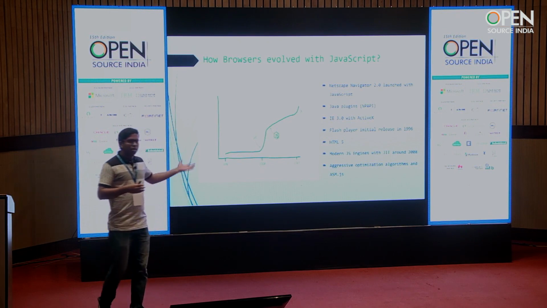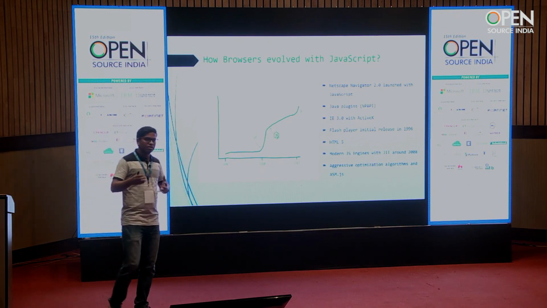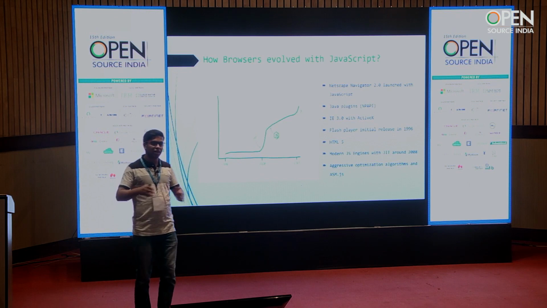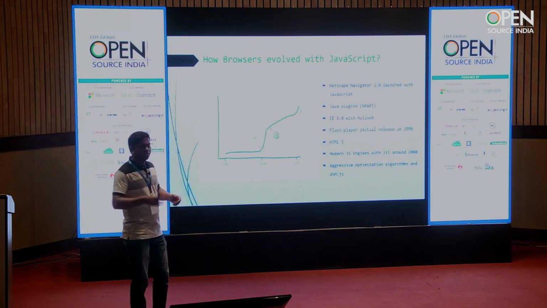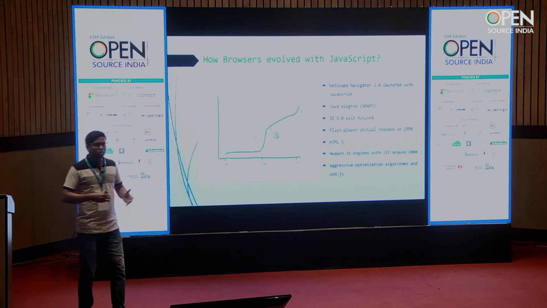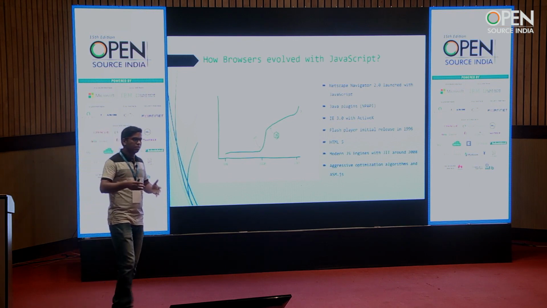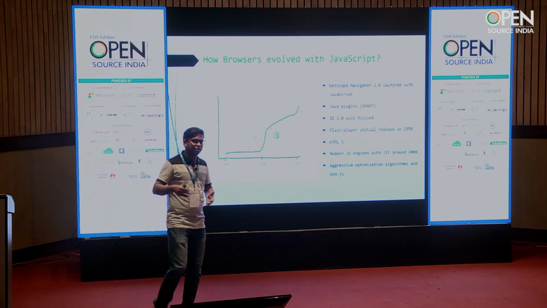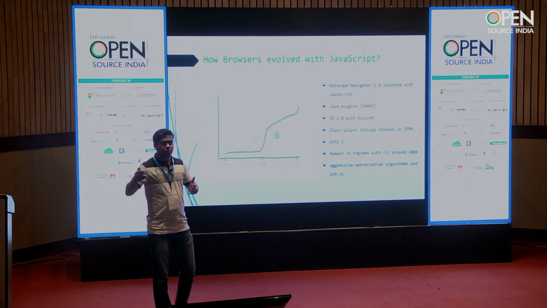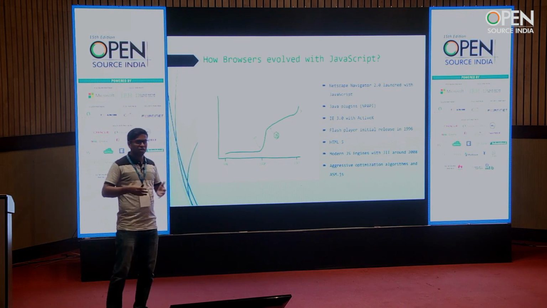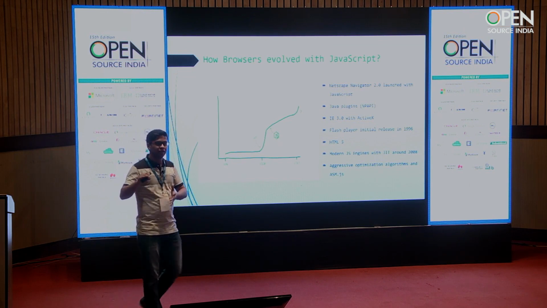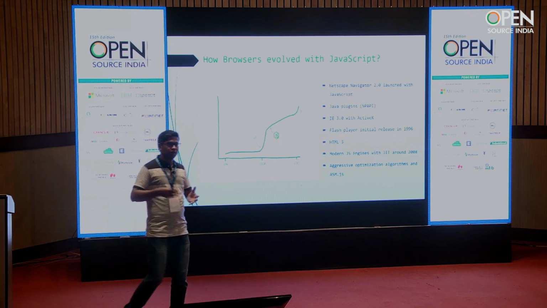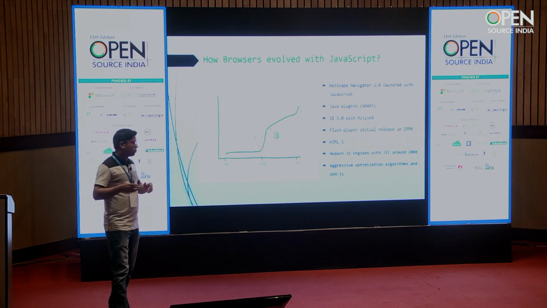Then IE brought ActiveX, which does some performance tuning at the IE browser level. Similar to that, Flash came, and then HTML5 was the main transformation in static pages. Before, to play video and audio we relied on JavaScript, but HTML5 brought those things to the core. So, that was easier even in terms of performance.